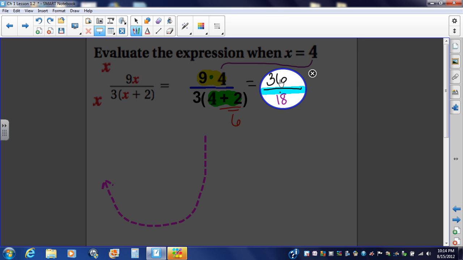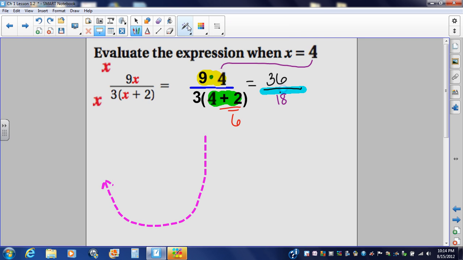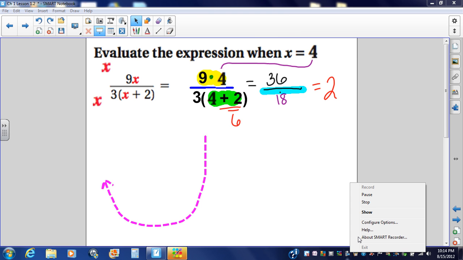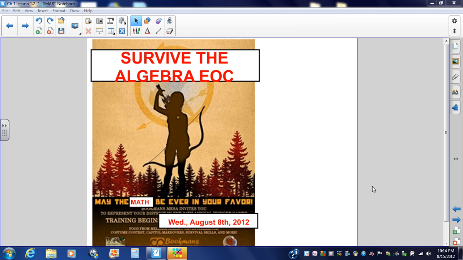Since the 36 is on top, type that number into your calculator first. 36 divided by 18. Bada bing, bada boom, I do believe that gives us an answer of 2. As always, may you survive the Algebra EOC, and may the math be ever in your favor.